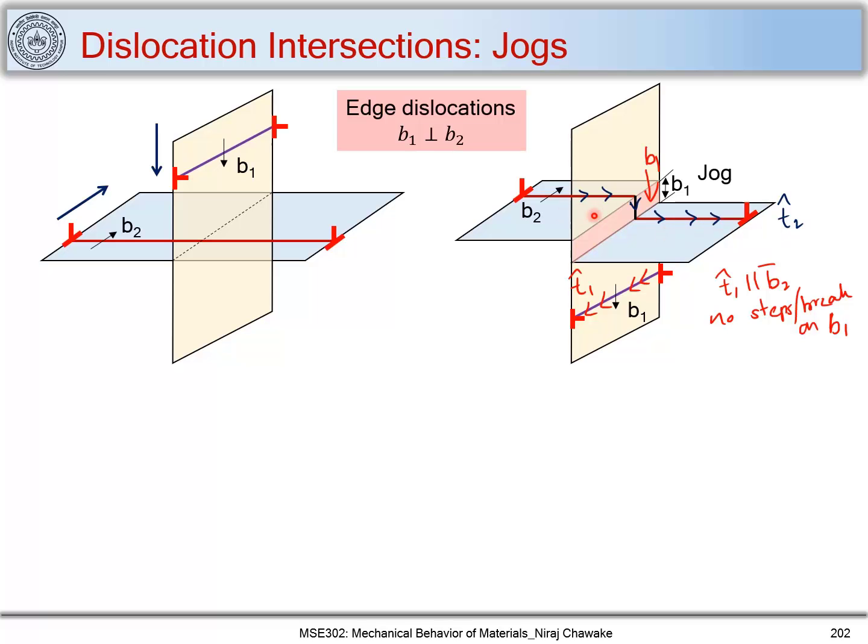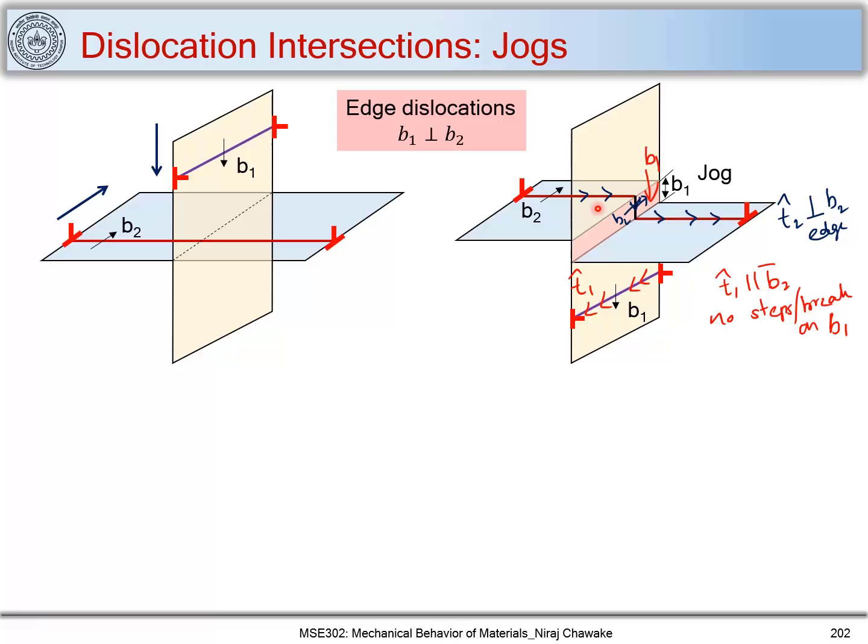So this Burgers vector will always be along this direction. Let us mark that. So it will have a Burgers vector B2 in this direction. So this T2 is perpendicular to B2, and thus this jog has an edge character. So we have a jog created because of the intersection of two dislocations, or you can say that the jog created on B2 because it intersected with dislocation B1, and that has an edge character.